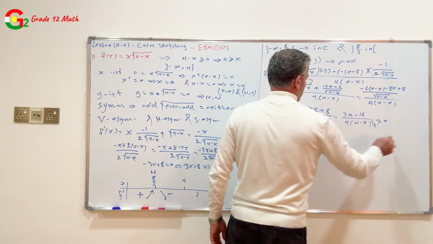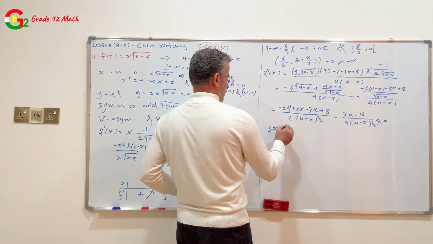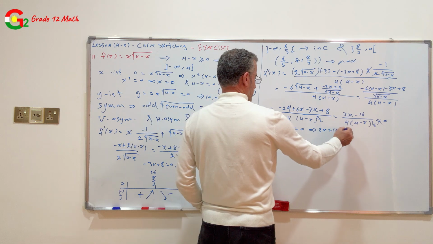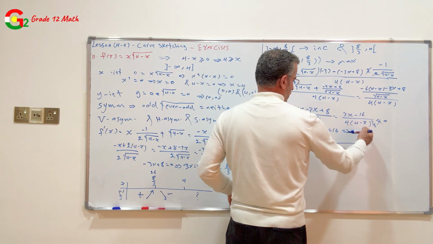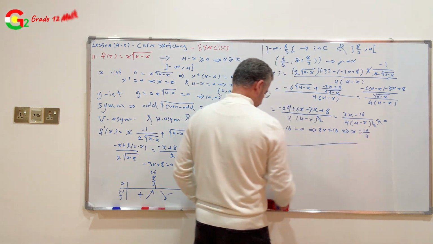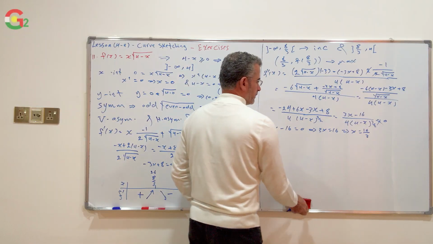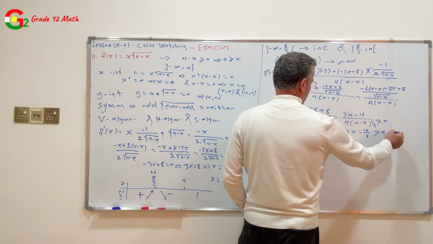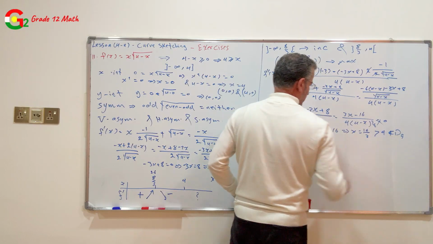Cross multiplication, then 3x minus 16 equals 0, 3x equals 16, x equals 16 over 3, which is greater than 4, not in the domain of the function.